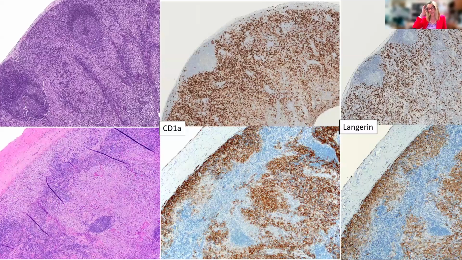This one being a very classic one, and I show this picture in all of my lectures because it helps to see them side by side. So, it's very common to get this in consultation. Is this LCH? We have an enlarged lymph node. There may be an associated rash. And actually, this is a mimic. So when you're looking at the features, we have a thin capsule here as opposed to a little thicker capsule.